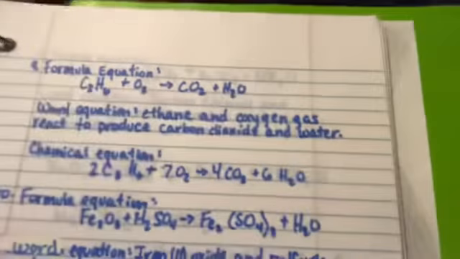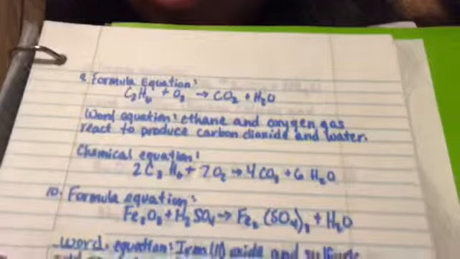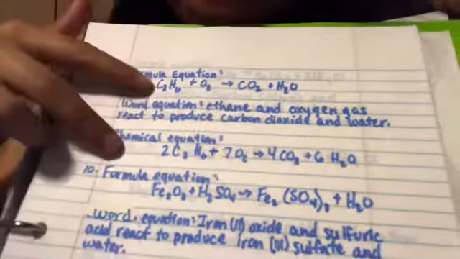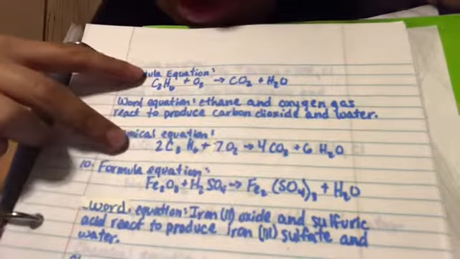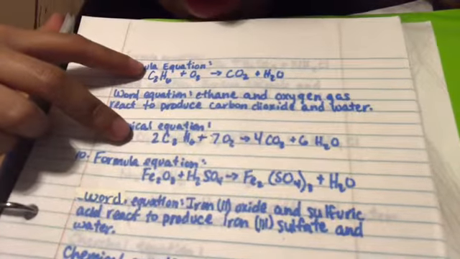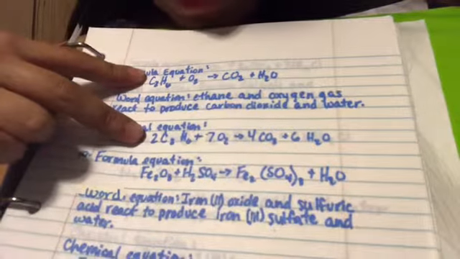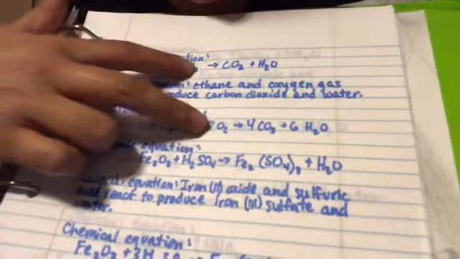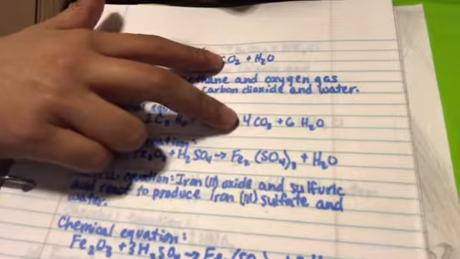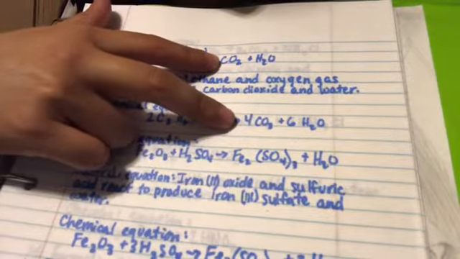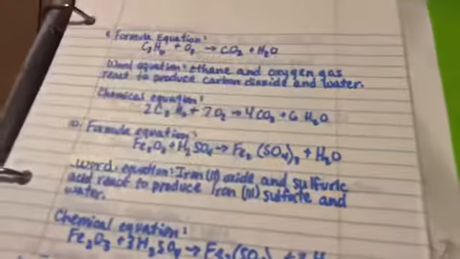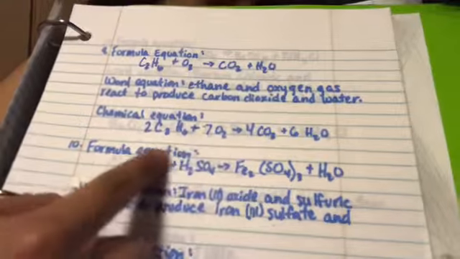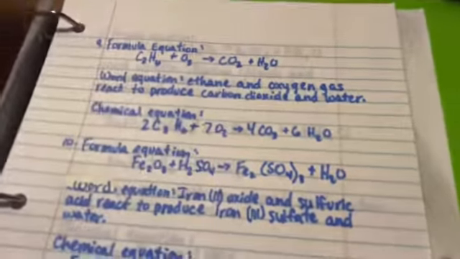So right here we can see that we need 2 of the ethane and then 7 of the oxygen gas, and then we're going to need 4 of the carbon dioxide and 6 of the water in order to have the equation balance out from the reactants to the product side.